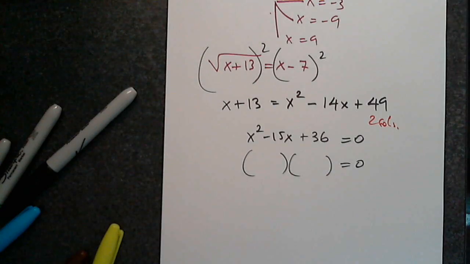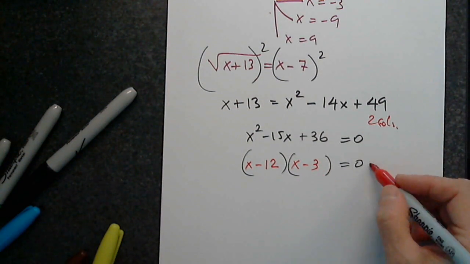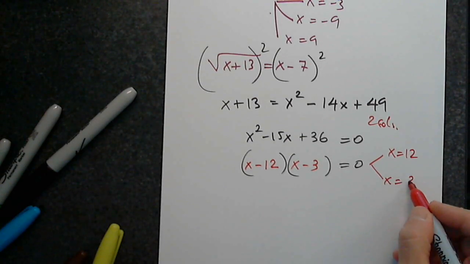If it doesn't take long, let's factor it. x minus, product is 36, sum is negative 15. Very good. So we have two options, 12 and 3.